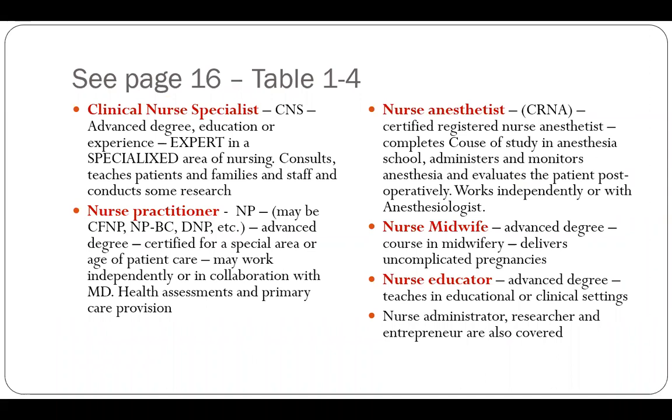You may see clinical nurse specialist or CNS. They have an advanced degree. They're considered an expert in some type of clinical nursing practice. Your nurse practitioner, there can be NP or certified family nurse practitioner or nurse practitioner board certified or direct doctor of nurse practitioner. It doesn't matter, they're still considered an advanced nurse degree.